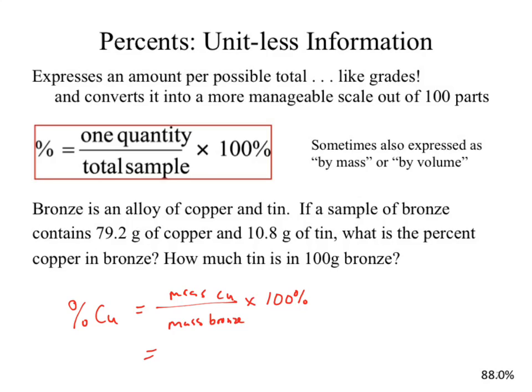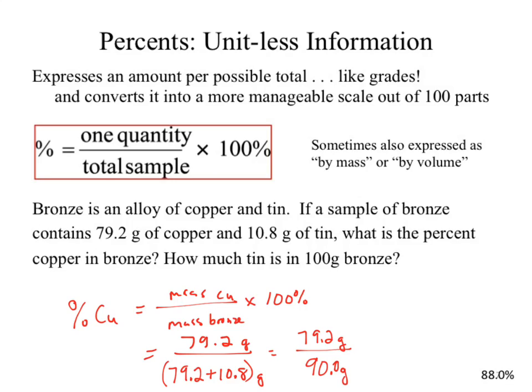Well, what's our mass of copper? 79.2. What's our mass of bronze? It's going to be 79.2 plus 10.8. Is it really 100? I didn't think I was that good with my numbers. Isn't that 90? Yeah. And we get 79.2 grams of copper divided by 90.0 grams of bronze.